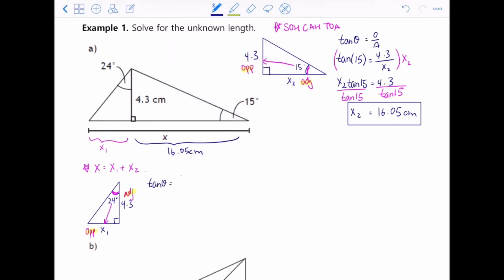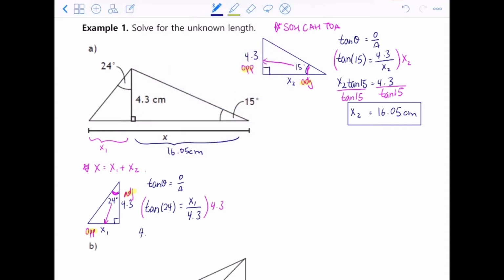So we'll stick to tangent again. Tan theta equals opposite over adjacent. Sub in all the values. Opposite is x1 over adjacent 4.3. We'll multiply both sides by 4.3.